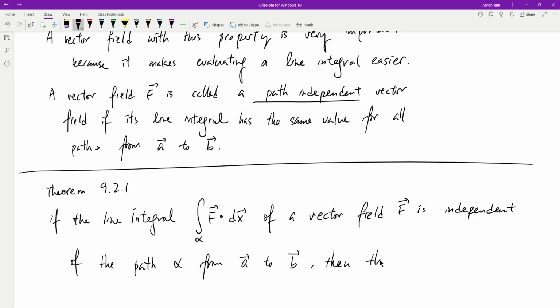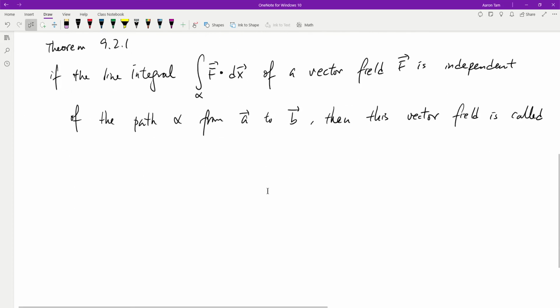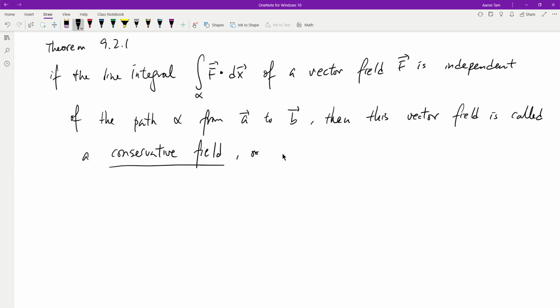then this vector field, which is what we already call a path independent vector field, as we all know, has a second name. This vector field is called a conservative field, or a much better name, a gradient field.